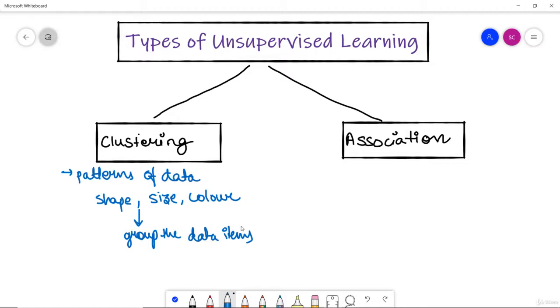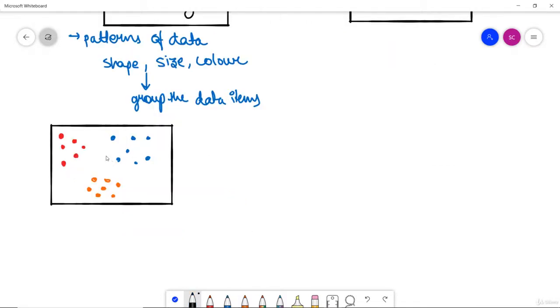I'm going to show you a very basic example of clustering. Here you can see that I have made several dots of color, such as this one is red, this is blue, and this is orange. While identifying, this can be said to be group 1, this blue one can be said to be group 2, and this orange one can be said to be group 3.